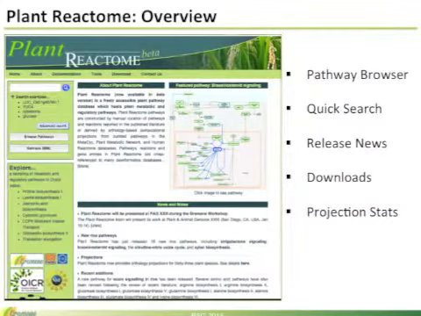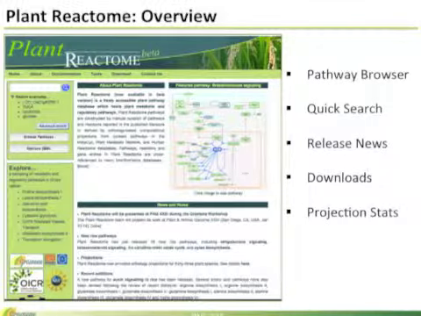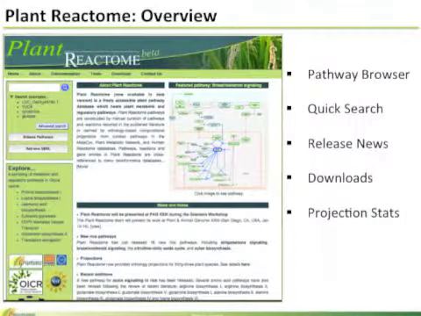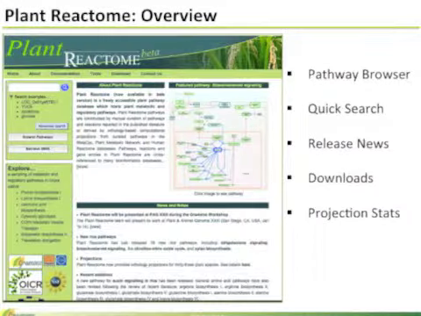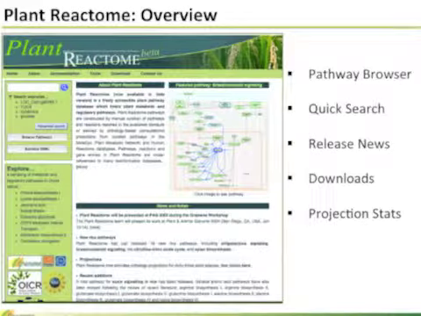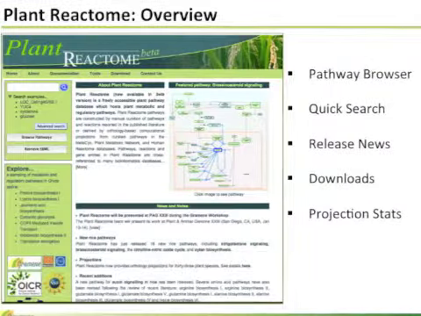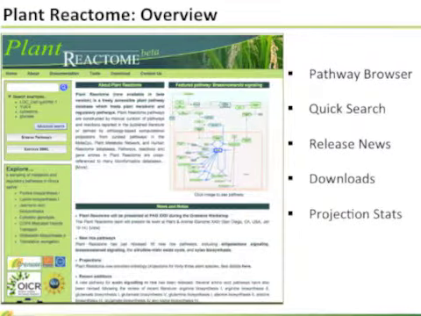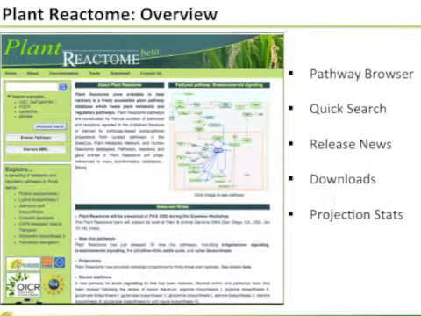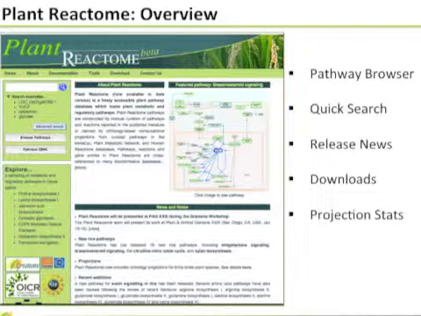We let you know what we're up to most recently here, and this provides navigation bar access to downloads. Both the full database is downloadable, as well as summary tab files of our gene products and their relationships to pathways by species. And our projection statistics are always available under our documentation as well.